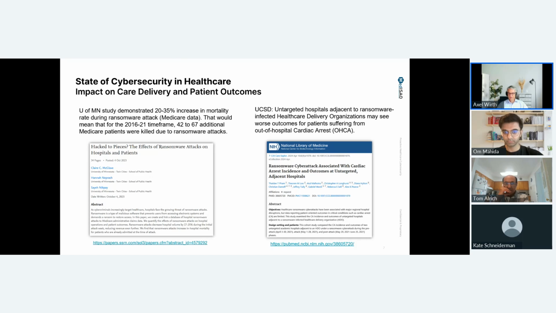The left study demonstrated a 20 to 35% estimated increase in mortality rate during a ransomware attack, a fairly recent study from late last year.